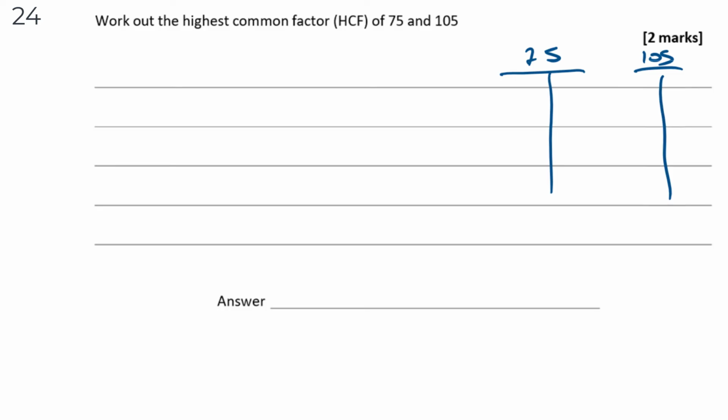So what goes into 75? 1 goes into it, and 75. 2, no. 3, yeah, 3 goes in, and 25. 4, no. 5 does though, 5 and 15. 6, nope. 7, nope. 8, nope. 9, nope. 10, nope. 11, nope. 12, nope. 13, nope. 14, nope. And then I've kind of met myself coming back down the other way.